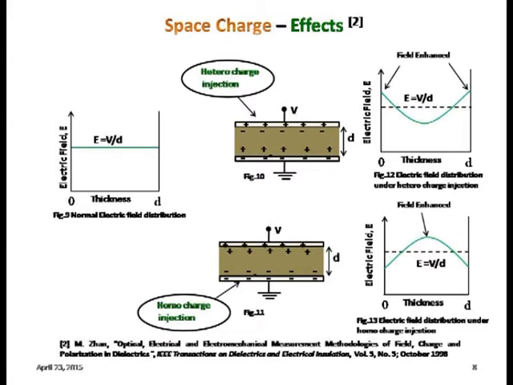This is E equal to V by D, which I have drawn here for reference. This is the maximum field, either in the middle or somewhere in the insulation. Whenever there is charge formation in the dielectric, there will always be electric field enhancement, meaning more than the average value of the electric field.